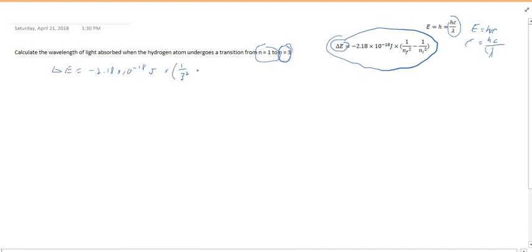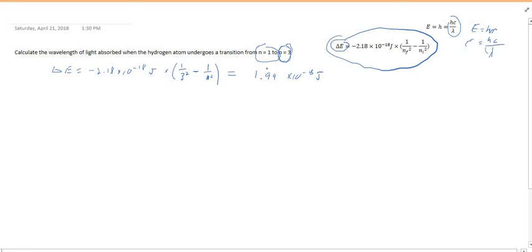So that's going to be 1 over 3 squared minus 1 over 1 squared. And then when I do that, I end up with 1.94 times 10 to the minus 18th joules. That is the energy from there.